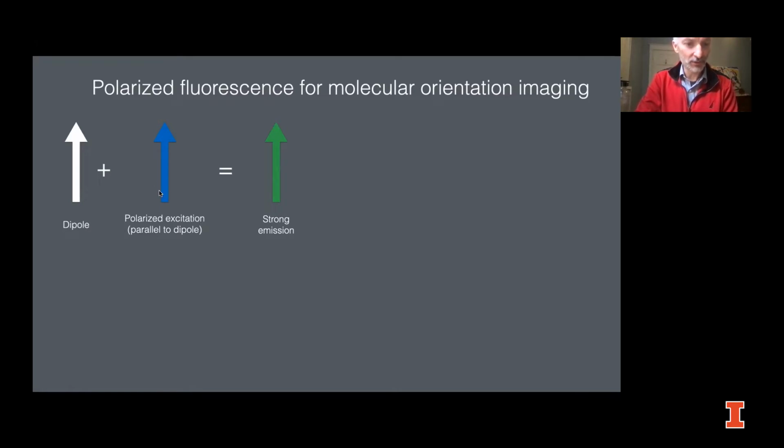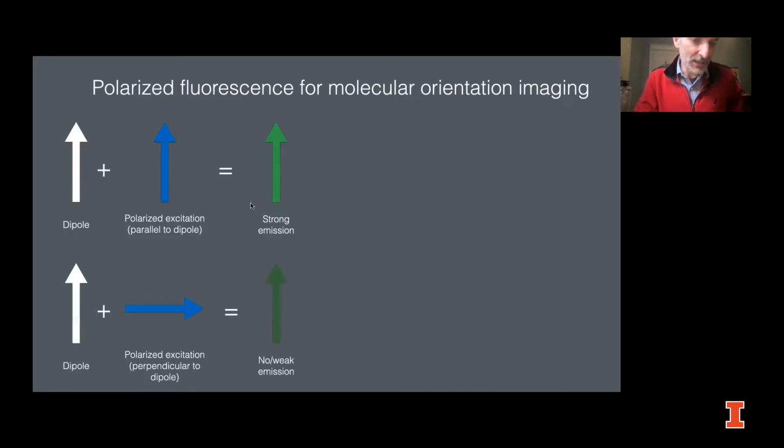If you excite a dipole with polarized light and the polarization vector is parallel to the dipole, you'll get a very strong emission, a very strong signal. If you excite the dipole with polarized light that is perpendicular to the dipole, if it's truly perpendicular, you'll get no emission. Okay, the excitation efficiency is given as the dot product of these two vectors, and so that would be 0. So it'll be no or weak emission.